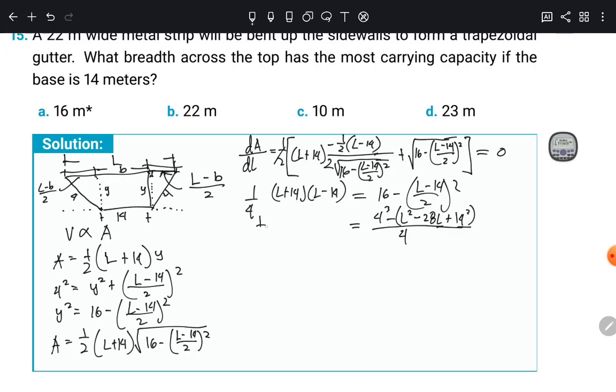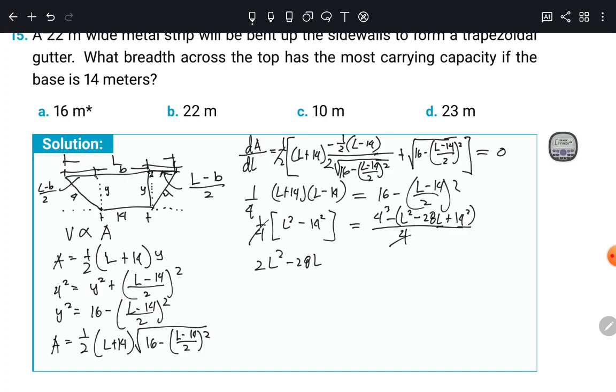Then at the left side, we have 1/4 (L squared minus 14 squared), and we can cancel that 1/4 here. Then what do we have? L squared, so we have 2L squared, twice L squared. Then 14 squared and 14 squared will cancel out. And we have minus 28L.